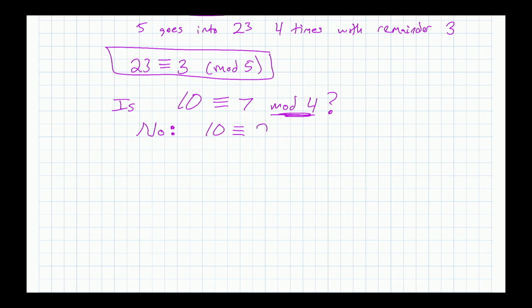So 10 is congruent to 2 mod 4. And 7 divided by 4 is 1 with remainder 3, so 7 is congruent to 3 mod 4. So 10 is congruent to 2, but 7 is congruent to 3, and so they're not congruent to each other. You're just talking about the remainder when you do the division, okay?